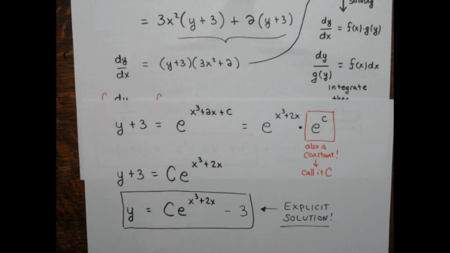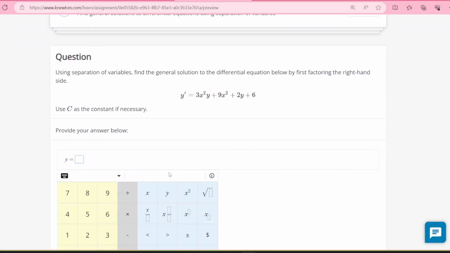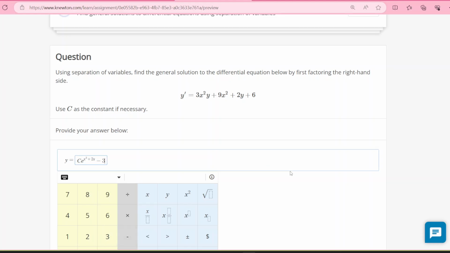But for a lot of these problems, they are going to ask us for this. So this is what I'm going to type into the assignment. So y equals some constant times e raised to the x cubed plus 2x power, and then down below, minus 3 afterwards.